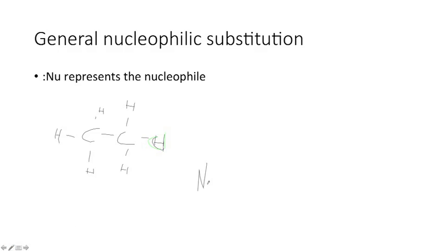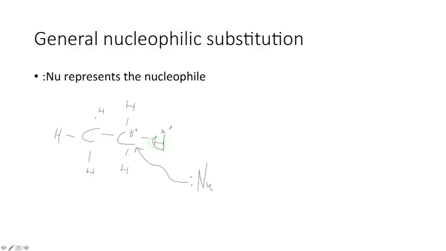So if we just take this as our nucleophile to represent it, and remember it's going to have a lone pair. It doesn't always have to have a lone pair, but it often has a lone pair because it needs them to be able to attract to there. So we'll usually get this lone pair move into this carbon here.